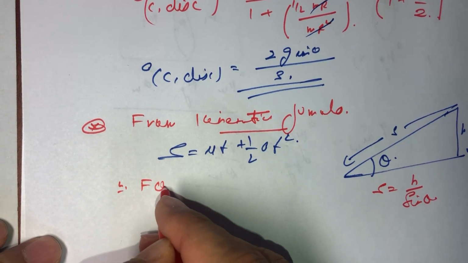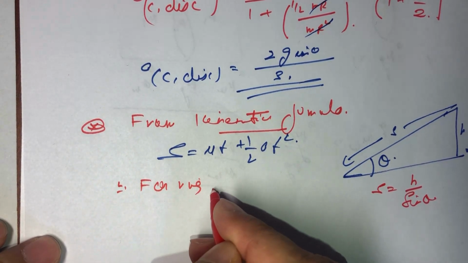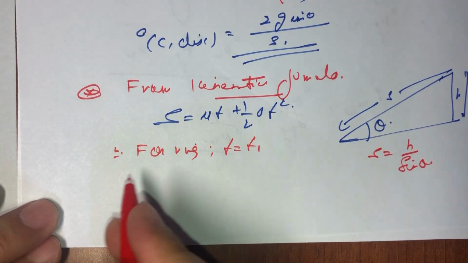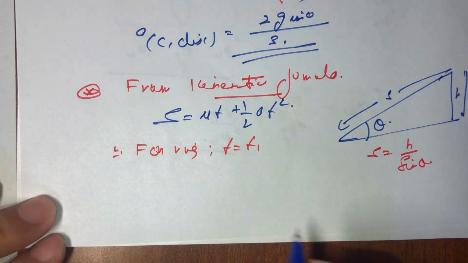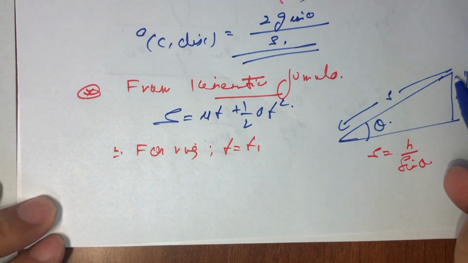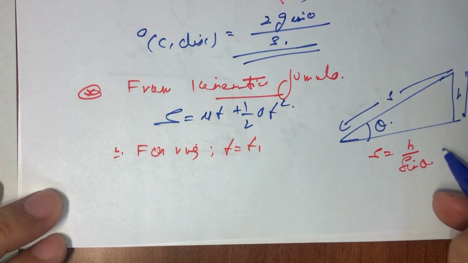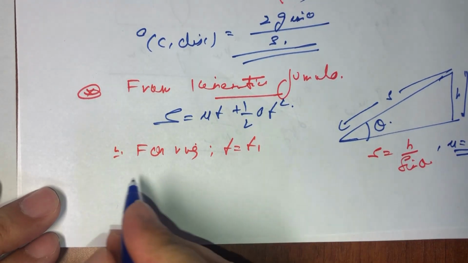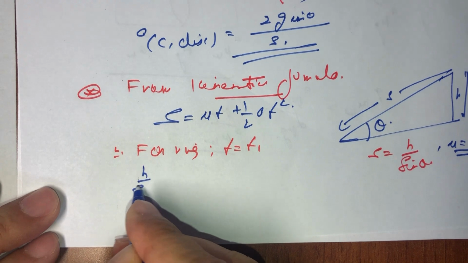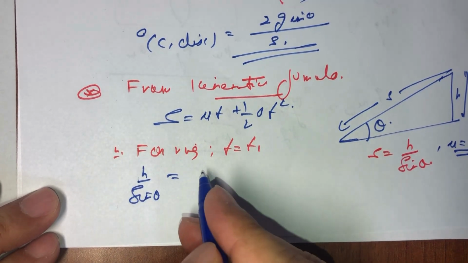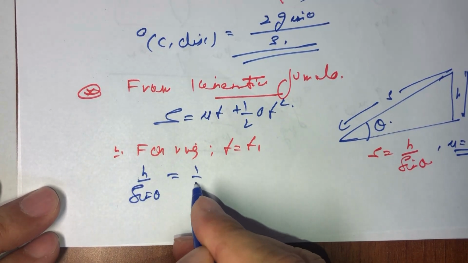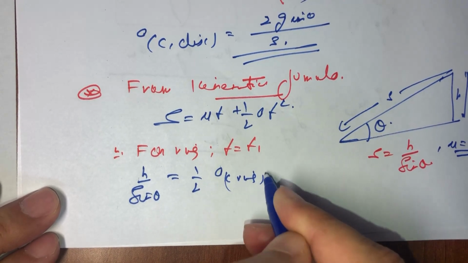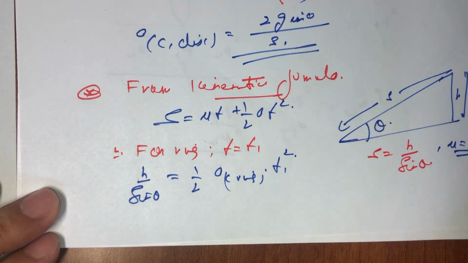You can say for ring, T is equal to T1. So we get this as S, and it is going to start from the rest, so U is equal to 0. So you can say our h by sine of theta is equal to half, and this is our AC ring into T1 square.